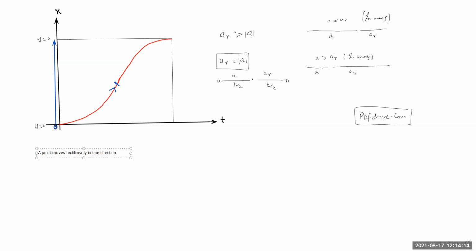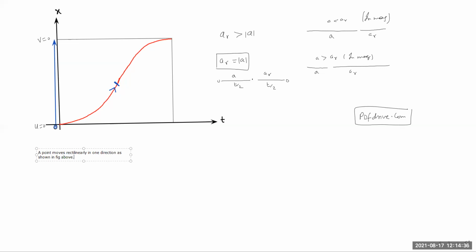Now this graph is a one-dimensional graph. You need to realize you're not moving this way. The curve is not representing the direction of motion, it is representing the time versus position graph, as shown in the figure above.